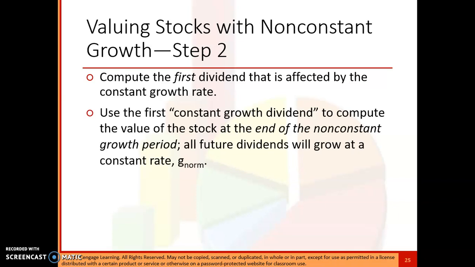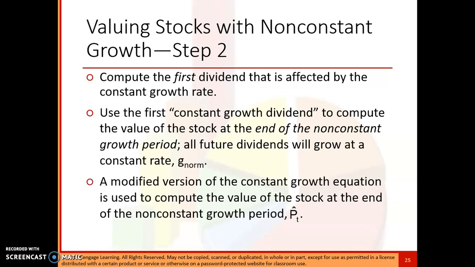Then we use that dividend to calculate the value of the stock at the end of the non-constant growth period. All future dividends are expected to grow at that constant rate. A modified version of the constant growth equation is used, and we take the present value of that, converting it back to today's terms to get our value.